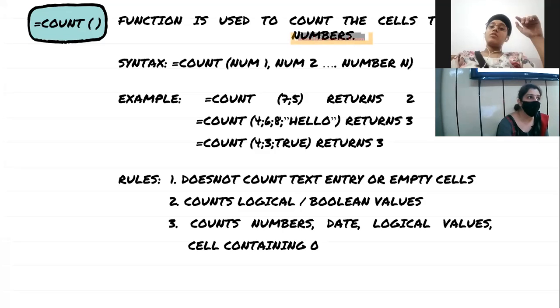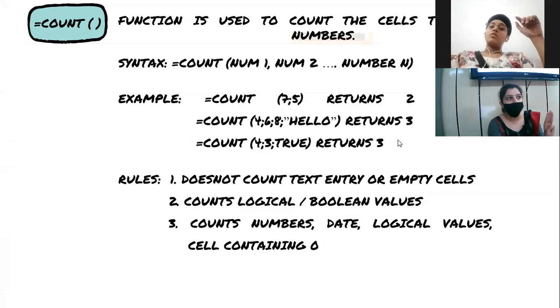I already told you that count will only count the numeric values. And hello is here a textual value. So will it be counted? No. The textual values will not get counted in the count function. Only the numeric values will be counted. Clear? So that's why you can see the answer will be 3.